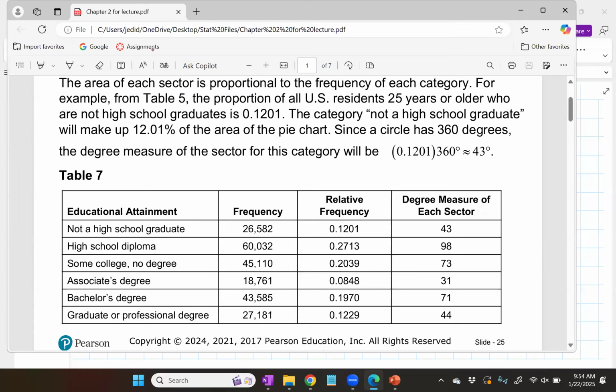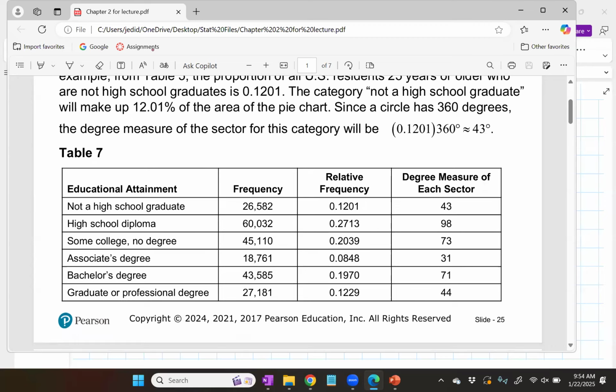So maybe a bar graph isn't the way to do this, but a pie chart would be, because we can have percents. So not a high school graduate, they put our relative frequency as a decimal; to turn it into a percent, multiply it by 100. So they've got 12% in that first category, 27%. You can read all those down. The last category has about 12% as well.